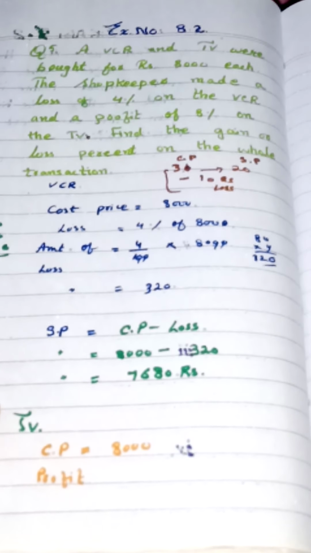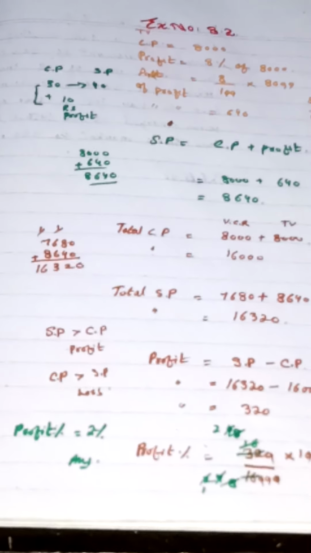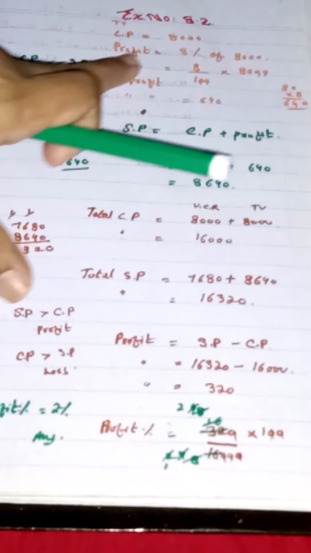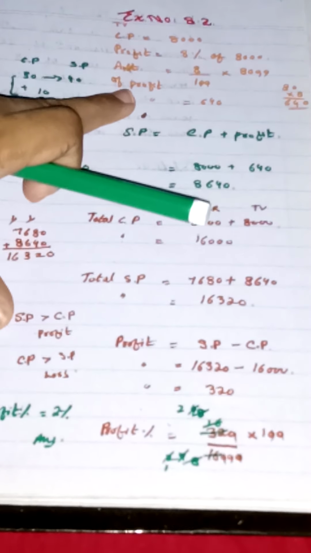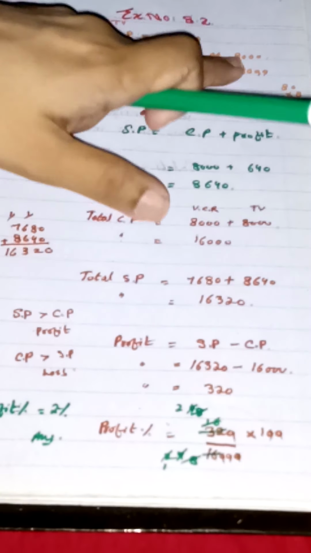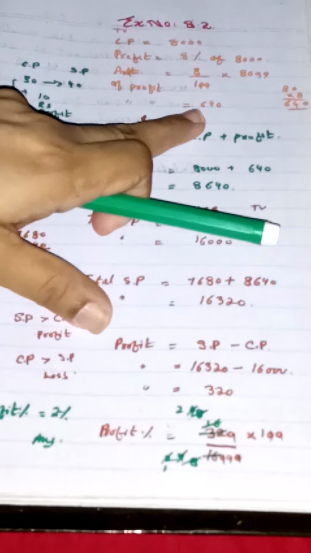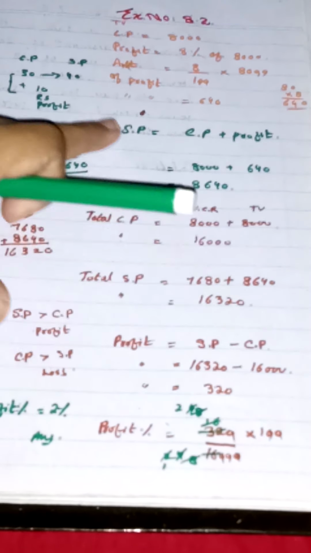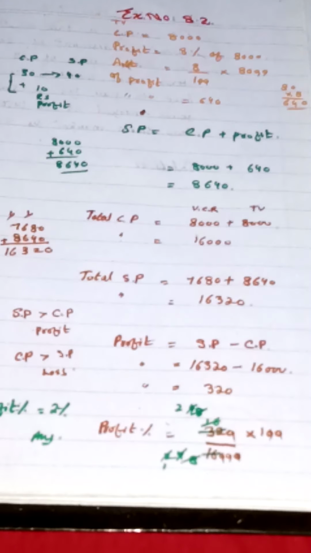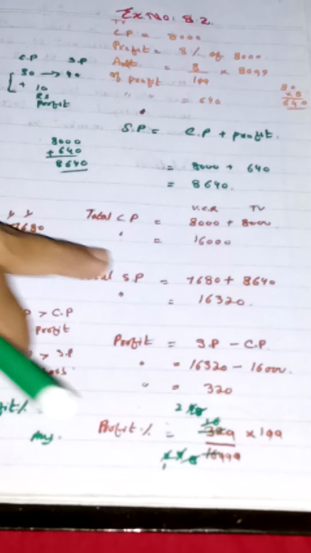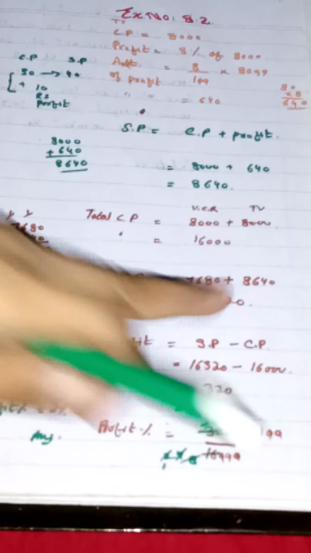Now the TV: cost price given is 8,000 and profit is 8%. Find the amount of profit, always calculating profit and loss on cost price. Now selling price equals cost price plus profit. Total cost price means VCR and TV cost price added, and total selling price means VCR and TV selling price added.